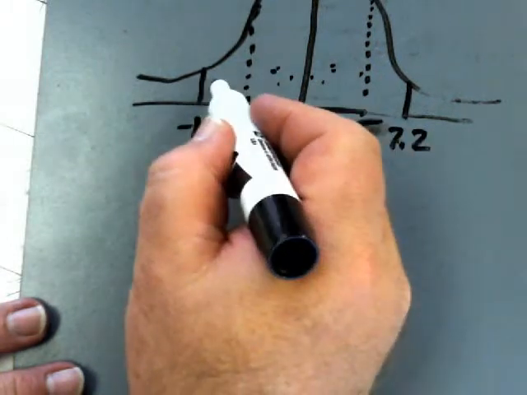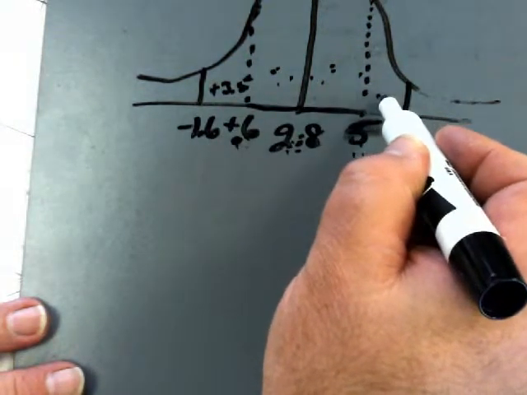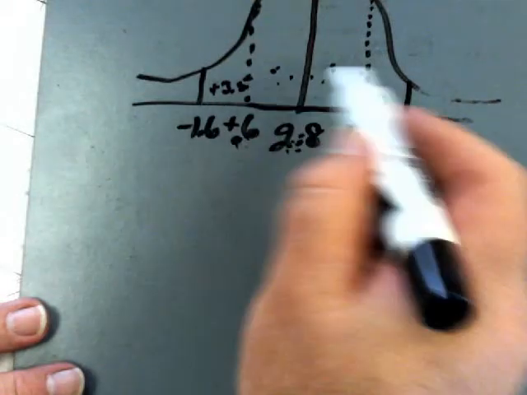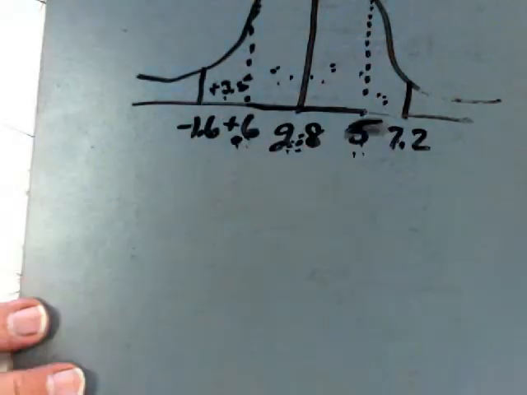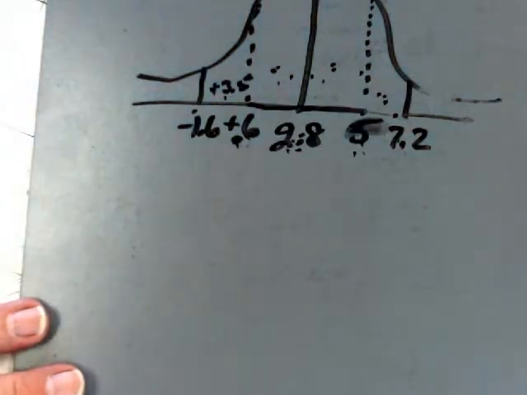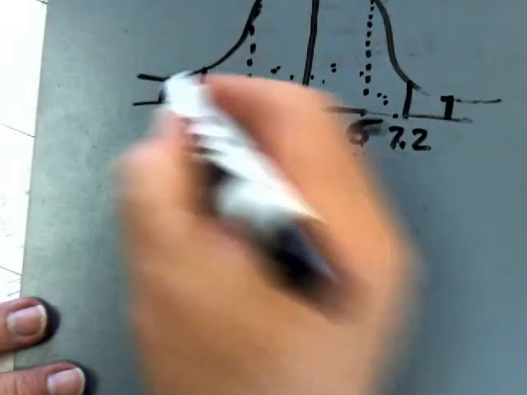Now, this was like 13.5%, and this was 13.5%. Remember when we had those drawn out before? So 68 plus the 27% would be about 95% of my numbers within 2 standard deviations, right? Where would my third standard deviation fall then?